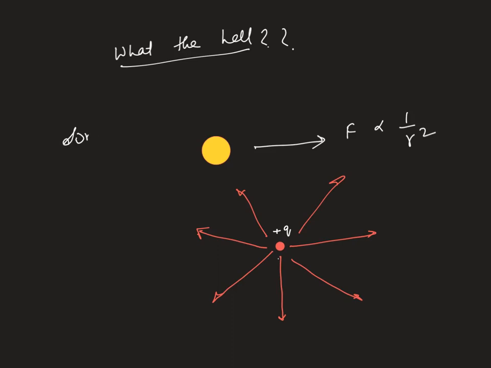So it is emitting something. Question mark, we don't know what that thing is, but yes, it is emitting something. And just like the light bulb, it is emitting that particular something in all directions equally. So again, whatever is being emitted is isotropic in nature.